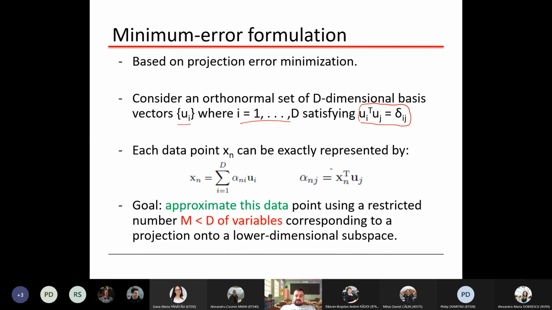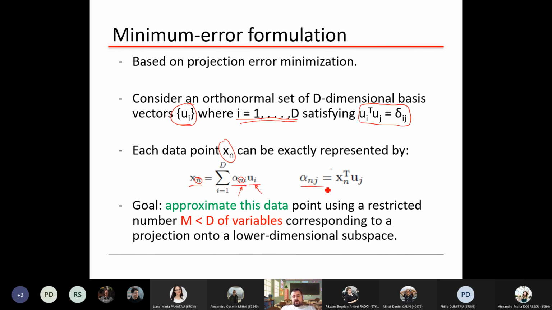Now, if I have these basis vectors, it means that each data point xn from the initial space can be represented exactly in the new space defined by these basis vectors in the following way. xn is the summation over all the dimensions of alpha ni multiplied with ui, where ui is the basis vector and alpha ni is simply the projection in the initial space of the point that we are interested in, this n, on the basis vector ui.